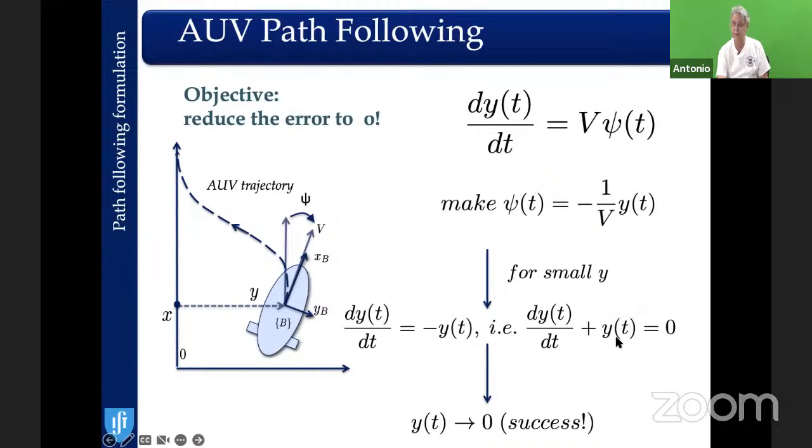And this is a very useful trick that you can generalize. Well, the way you do it is, in order to make this right-hand side equal to minus y, you simply make psi equal minus 1 over v times y. So if you substitute this in there, then the v cuts with the v, and you get dy dt is equal to minus y, and you are done.